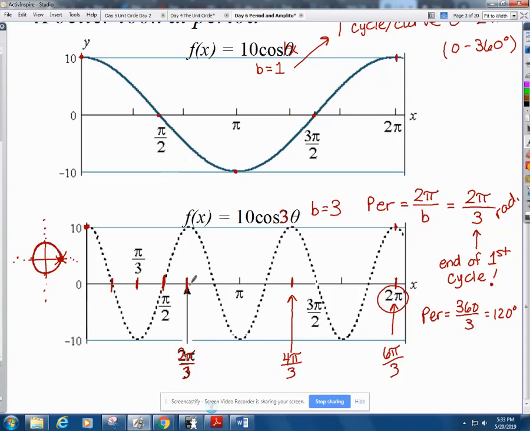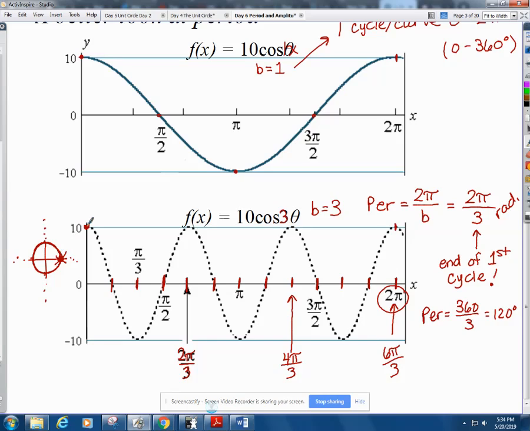So from 0 to 2 pi over 3, I split that in half and then in half again, and I'd have room for all 4 of those. And then from 2 pi over 3 to 4 pi over 3, I split that in half and then in half again, and that would give me room for all 4 points. So we're going to do a lot of splitting these sections in half and then in half again. And we do that so that we can get 4 even sections to graph these 4 points around the circle.